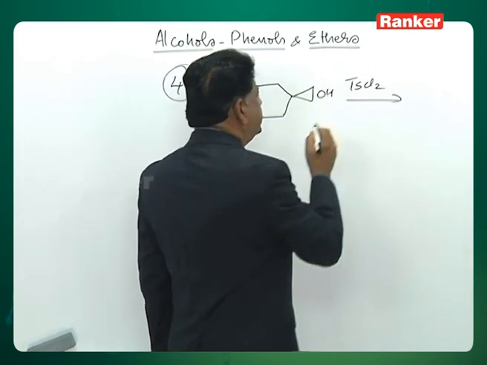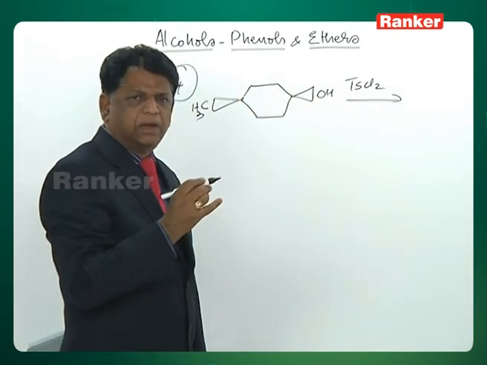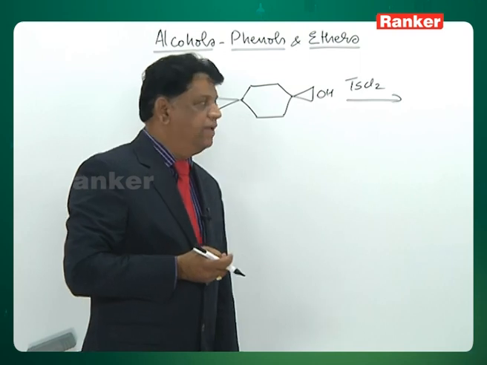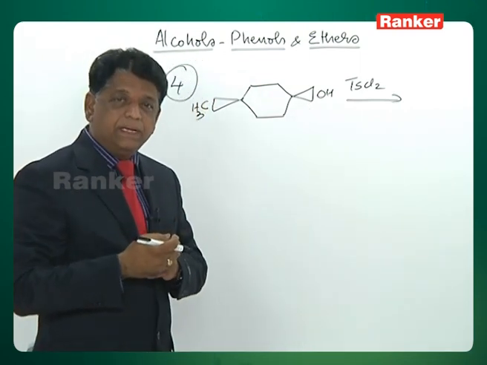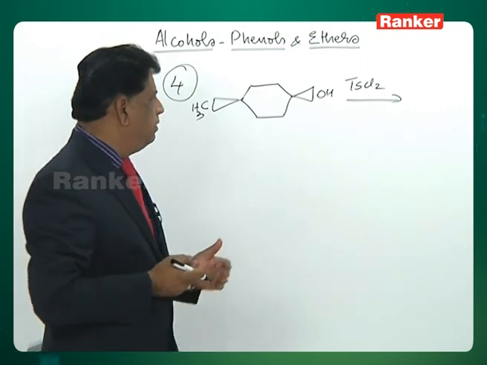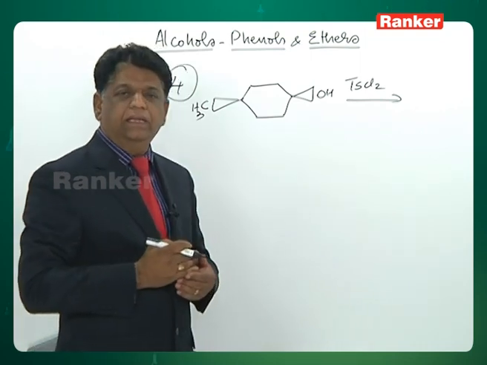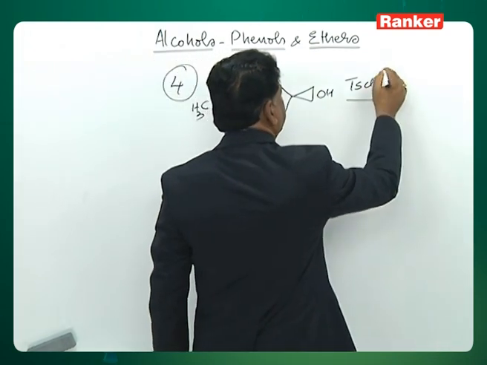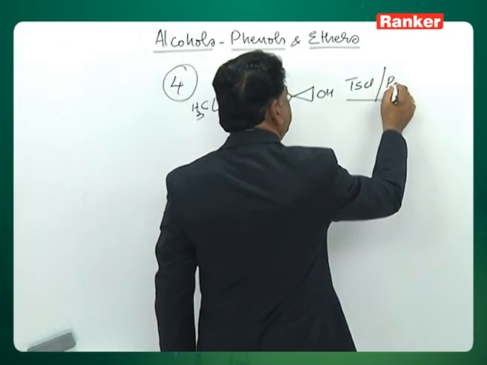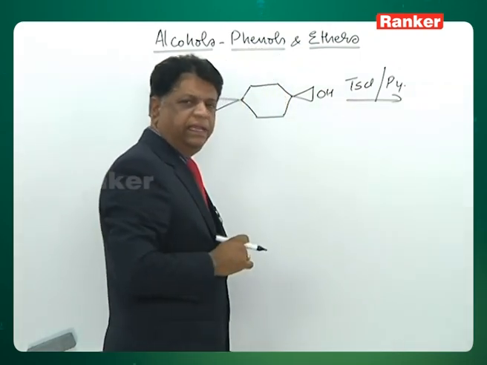Actually, if you want to replace the OH, there are very few reagents. If it is a halogen, a huge number of stronger bases can replace the Cl, but OH replacement is not like that. Tosyl chloride followed by pyridine, in the presence of pyridine, is the reagent.